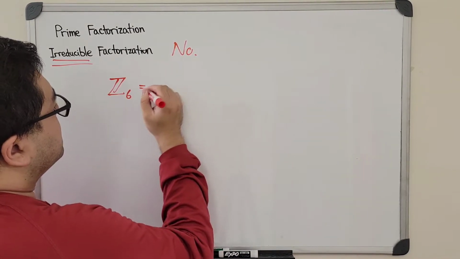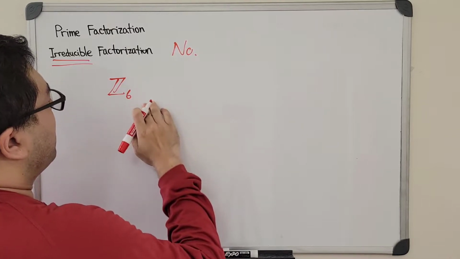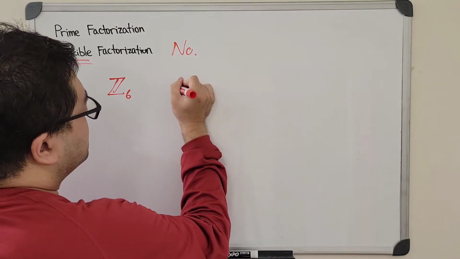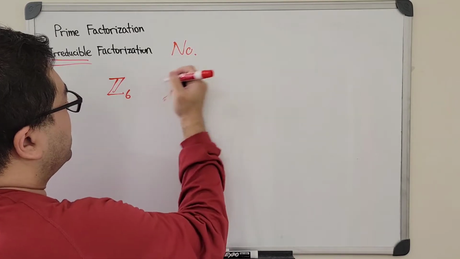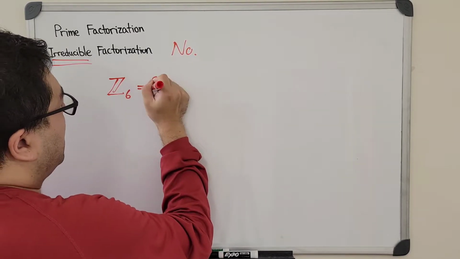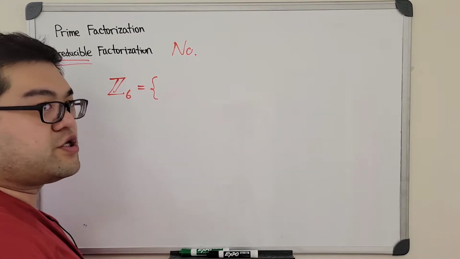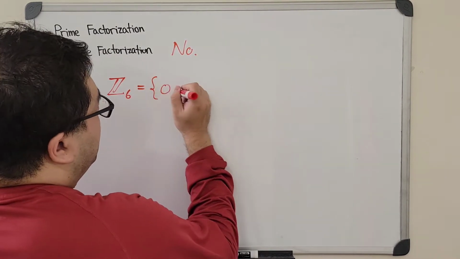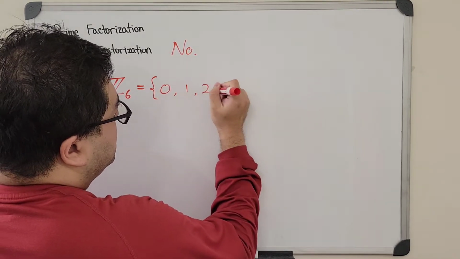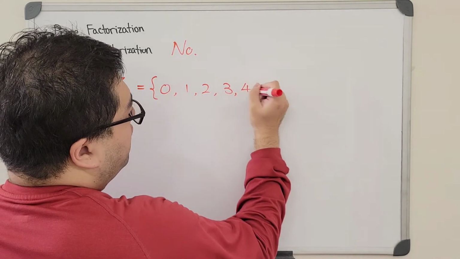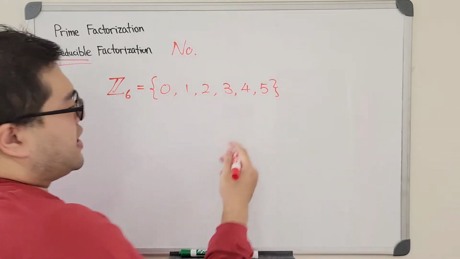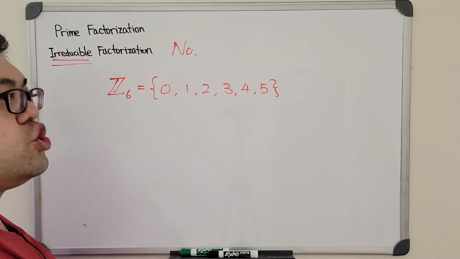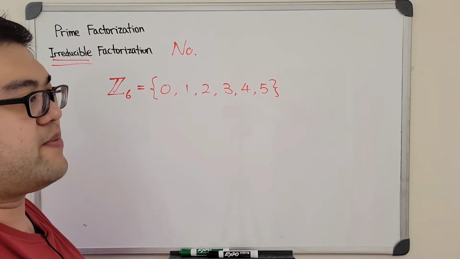But in this case, here we have the set Z6, which means the remainder after an integer is divided by 6. So again, it will just be 0, 1, 2, 3, 4, and 5. And then as a ring, it has to contain 2 different operations. What do I mean by operation?